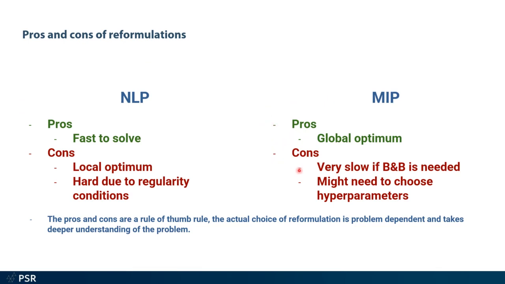However, they strongly depend on branch and bound, and hence, they might be very slow to solve. And also, they might depend on hyperparameters like the big M's from the Fortuny-Amat formulation. Of course, these pros and cons are just rules of thumb, and depending on your program or formulation, each one of the two might be better or not.